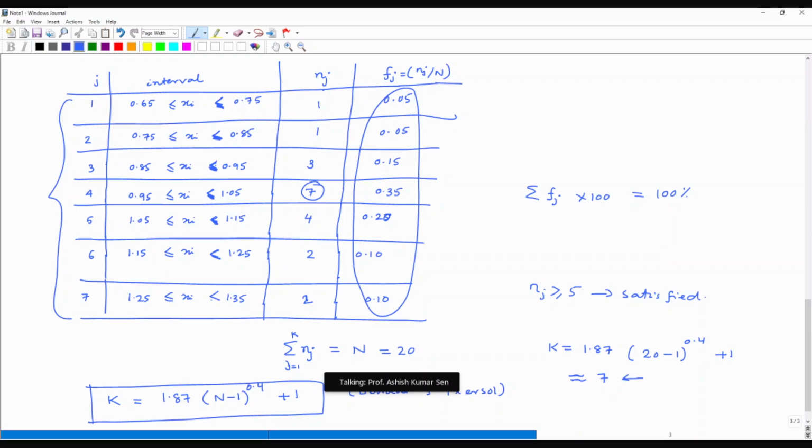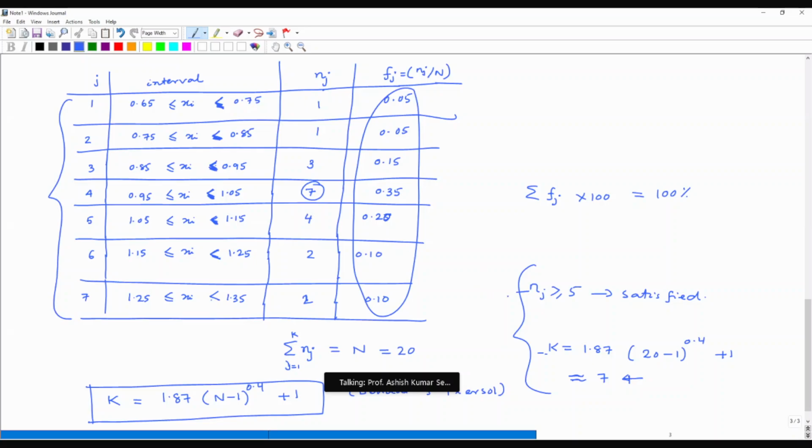So when you do a histogram out of the data, you have to find out that these conditions are satisfied: your number of intervals, and you have to also ensure that the number of data points within at least one interval should be greater than or equal to 5.